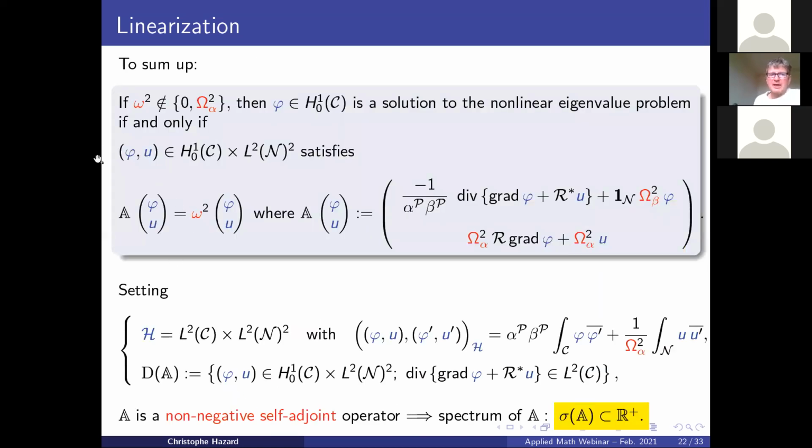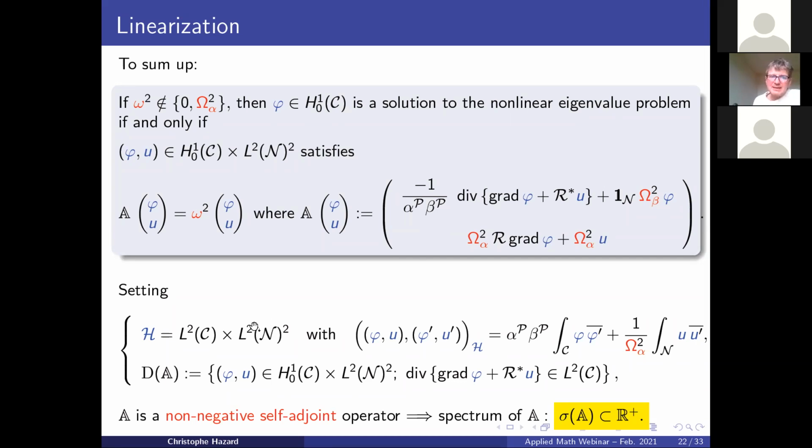To sum up, if omega is different from the singular values, then the function phi is a solution to my nonlinear eigenvalue problem if and only if the pair phi, u, which belongs to H10 for phi and L2 for u, where u is simply the gradient of phi taken in n, so L2 squared of course, satisfies this linear eigenvalue problem where A is defined by these quantities here, which are simply the left-hand side of my previous equations.